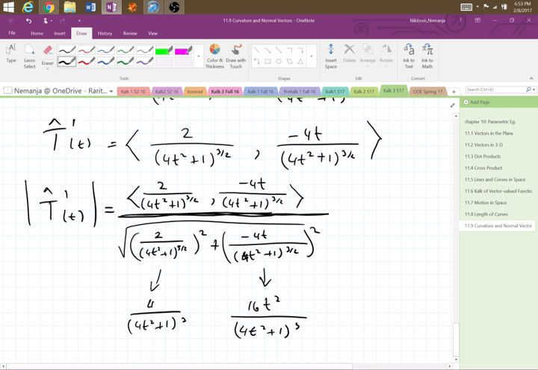So now that you have that, you can put them together because it's under square root, right?